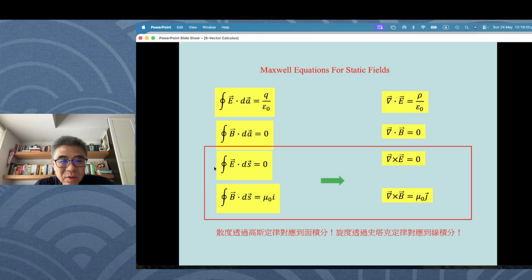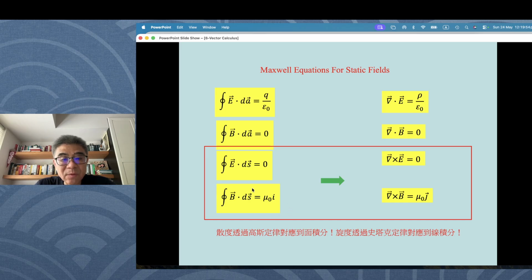The line integral of the electric field equals 0, which translates into the curl of E equal to 0. The line integral of the magnetic field is equal to mu 0 times I, the current. The current I could be written as a surface integral of the current density.